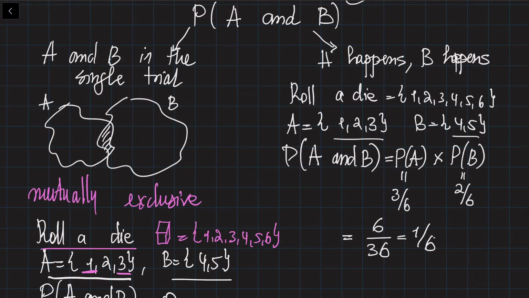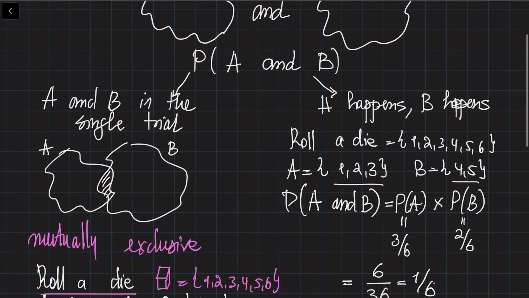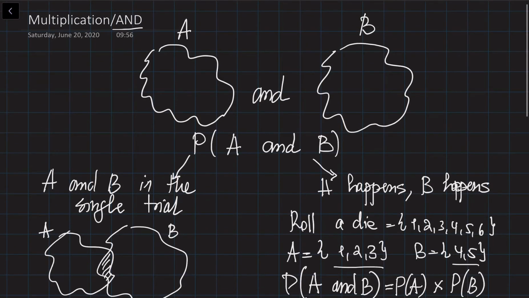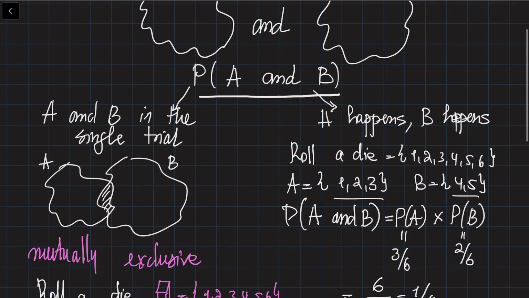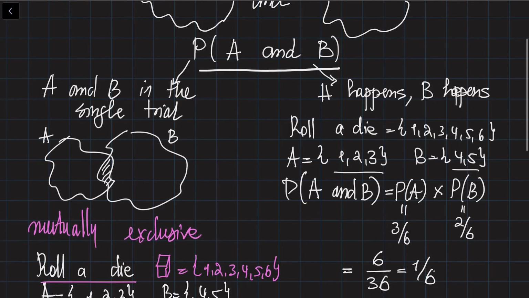So we basically need to know what we mean by the probability of A and B. If it means both of the events happening in a single trial at the same time, then we need to find the intersection of these two sets. And in this case, it is important for us to know whether the two events are mutually exclusive or not. If they are mutually exclusive, then the probability of A and B is equal to 0 because they cannot happen at the same time.